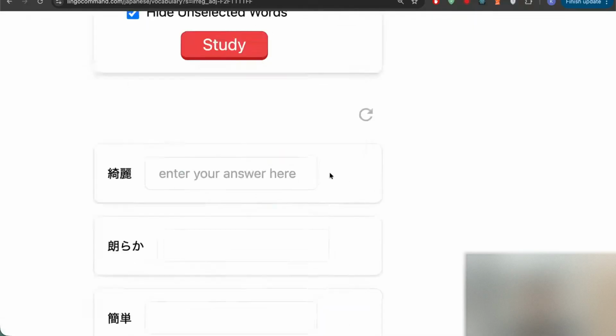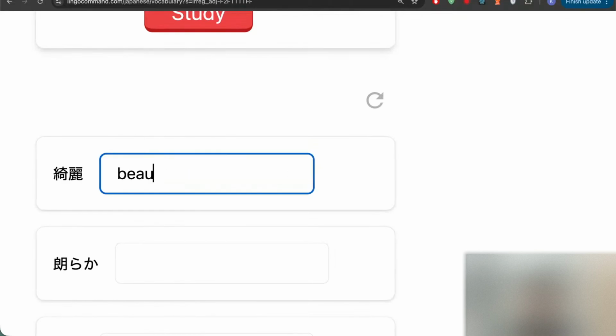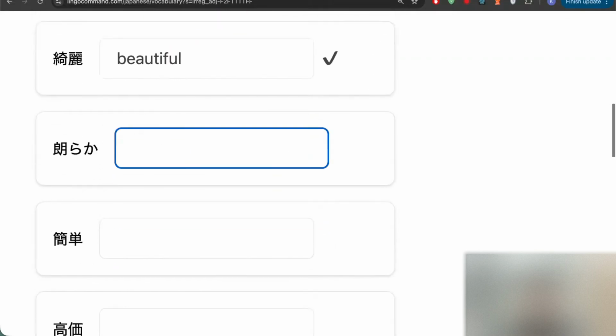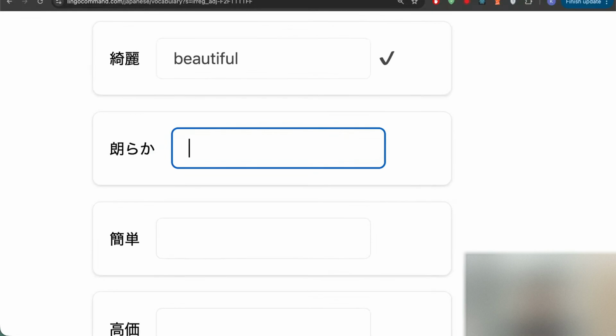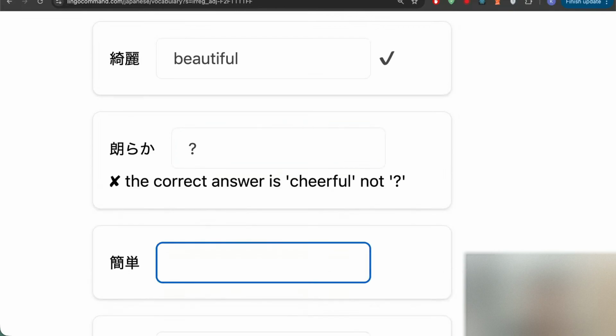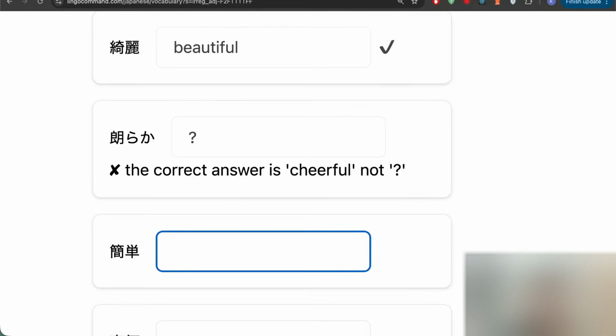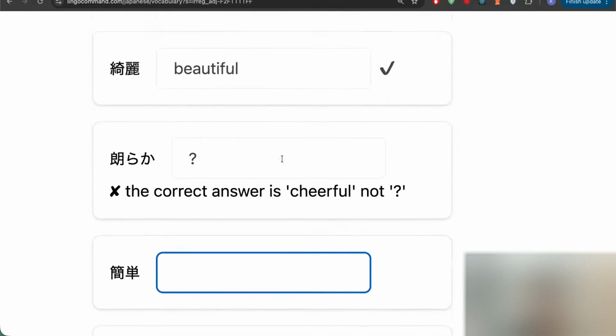Fair enough. So this is beautiful. Kire. What is this? Hogaraka, cheerful. Okay.